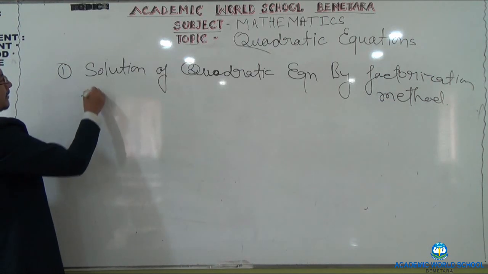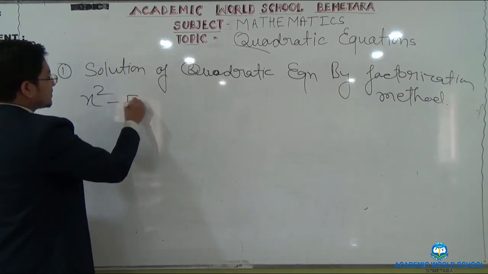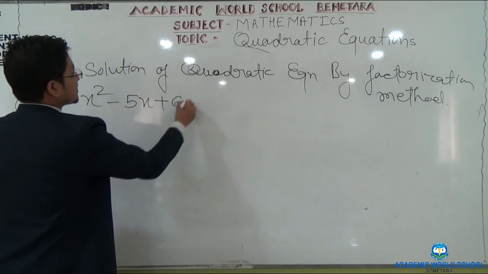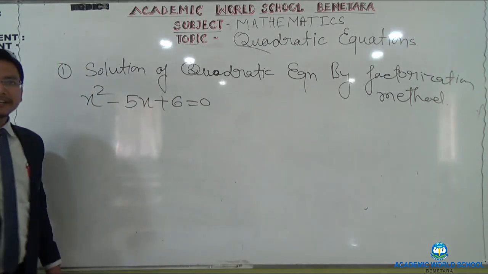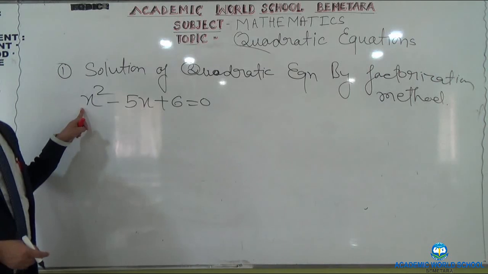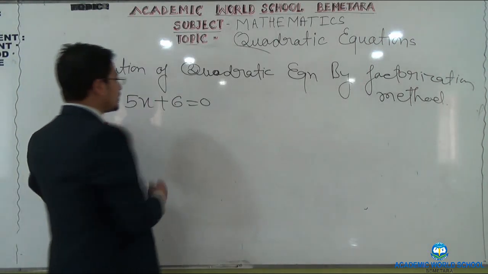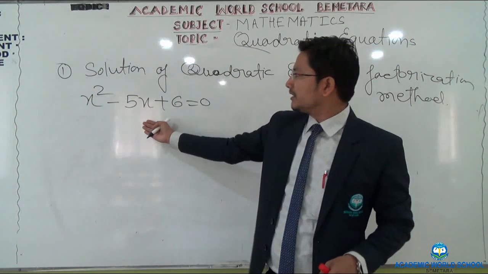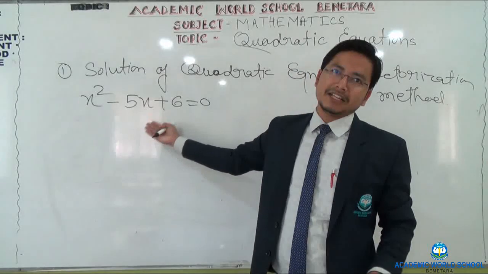If I take the example x square minus 5x plus 6 is equal to 0, I need to find the root of this quadratic equation by the factorization method.